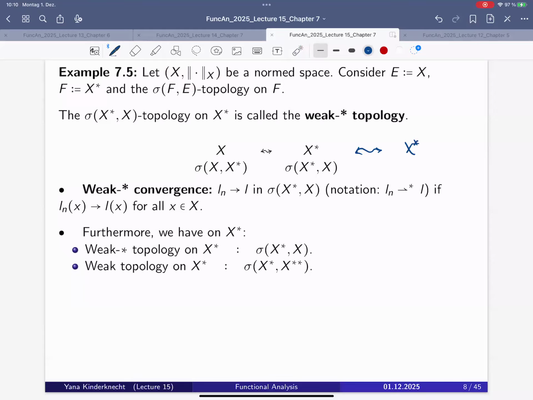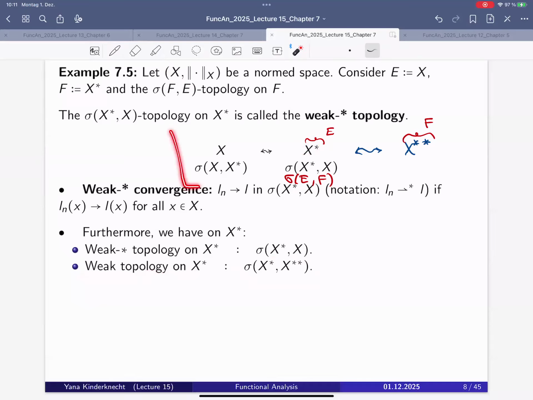This is X star, and then its dual is X double star. And then I may consider, so this is my E, this is my F, and then here again should be the topology sigma(E, F). This is not the same topology as this one. This is the topology which is denoted like here, and it is called the weak topology on X star.